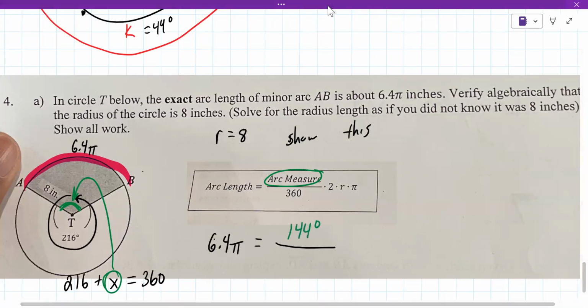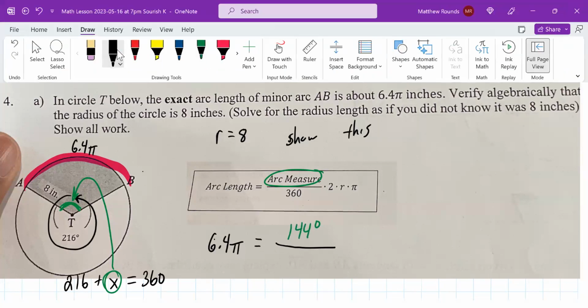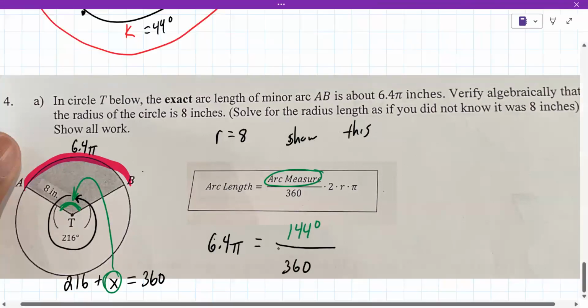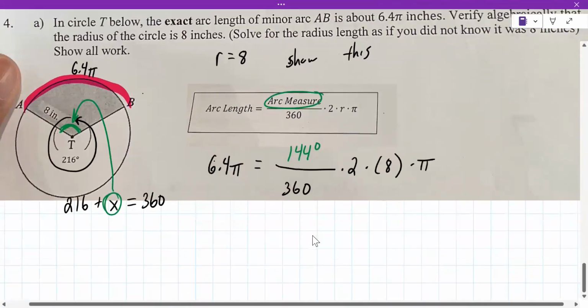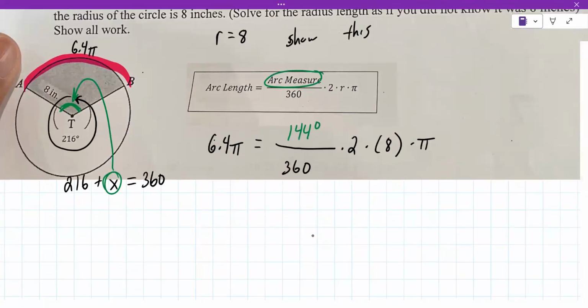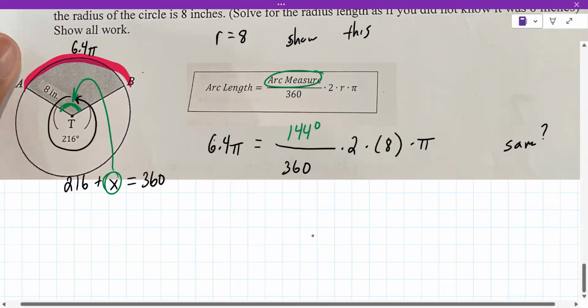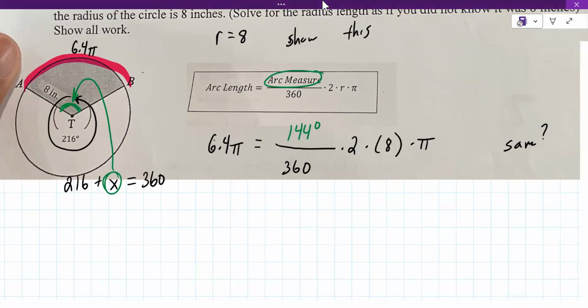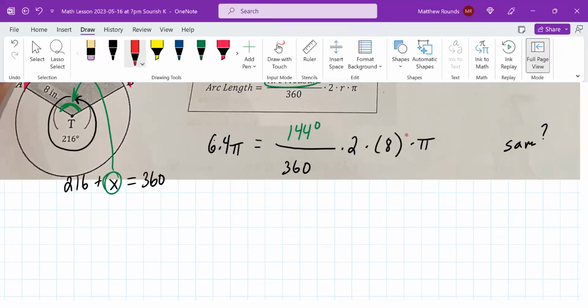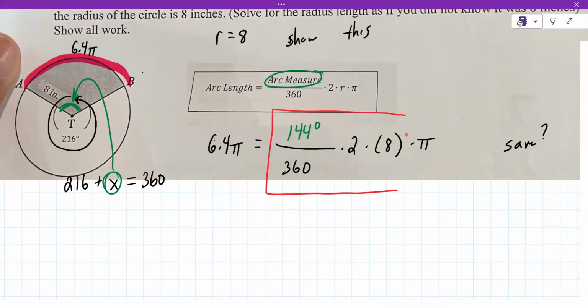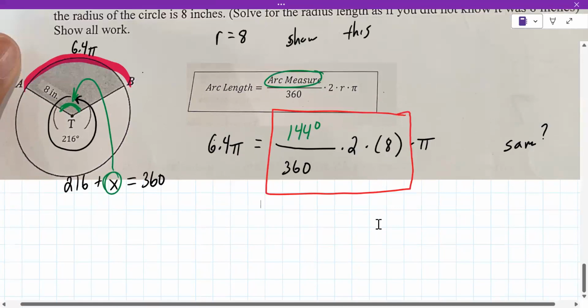That's great. Divided by 360, times 2 times 8 times pi. So what we want to do is show that these are the same. Okay. So do you have a calculator handy? Sourish, I want you to put just the part in red in your calculator.